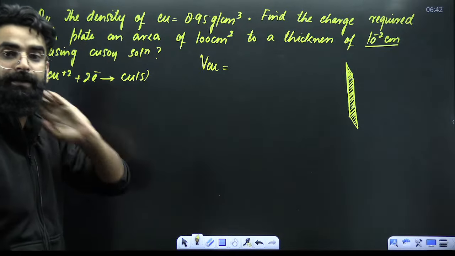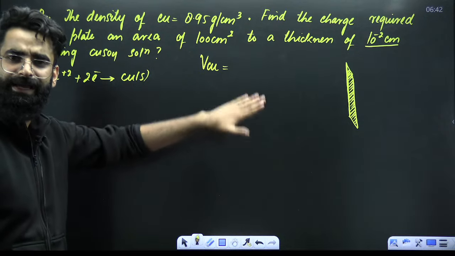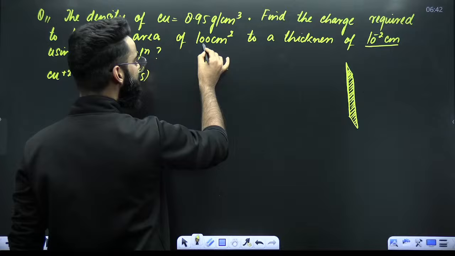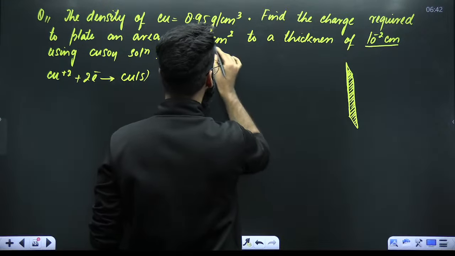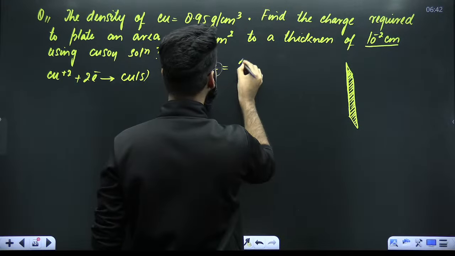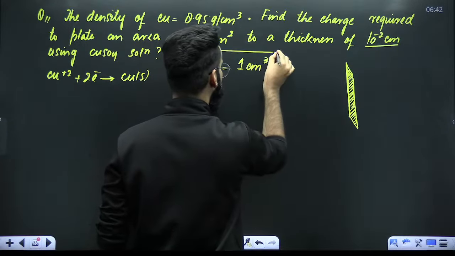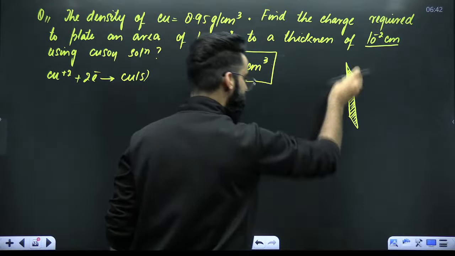Area of cross section multiplied by thickness. Area of cross section is 100 centimeters square. Thickness is 10 raised power minus 2. So 100 multiplied by 10 raised power minus 2 is going to be 1 cubic centimeter. So this much volume of copper, basically, we are depositing on this plate.